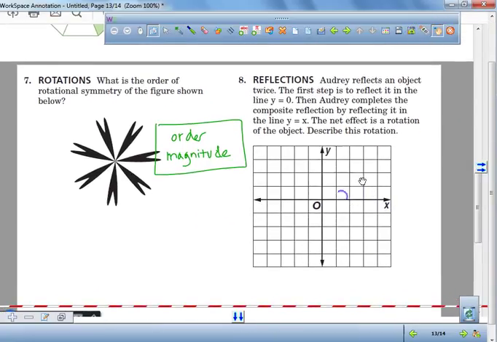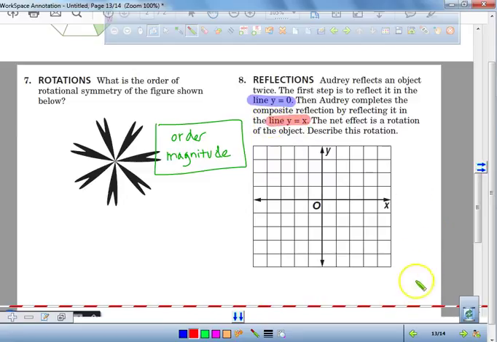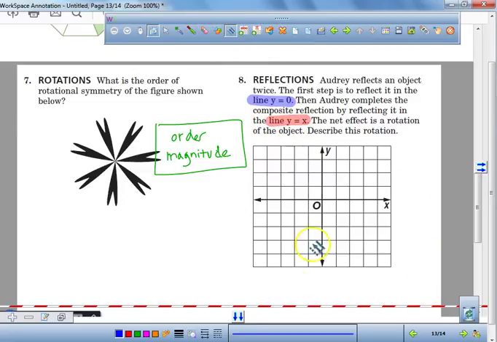So here's what we're going to do. We are going to do 2 things on problem number 8. The first thing we're going to do is go across y equals 0. The second thing is we're going to go across y equals x. So on your paper, draw a line right here at y equals 0 and label it y equals 0.